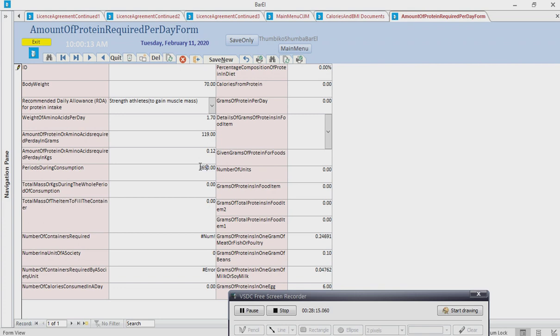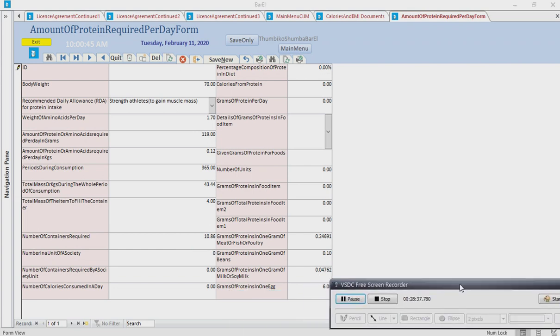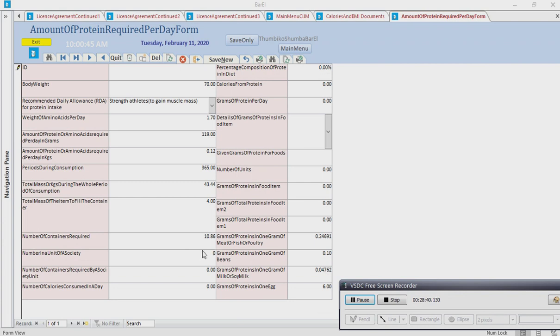Period of consumption 365. Total mass of the item to fill the container is 4. Number in a unit of society is 3.